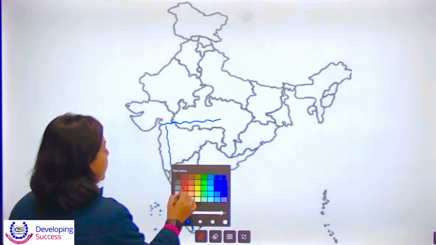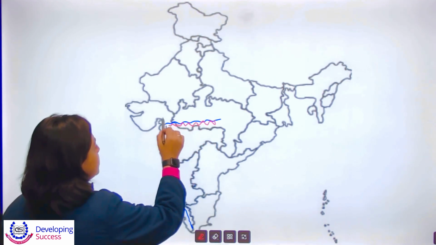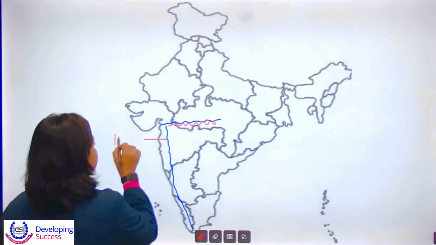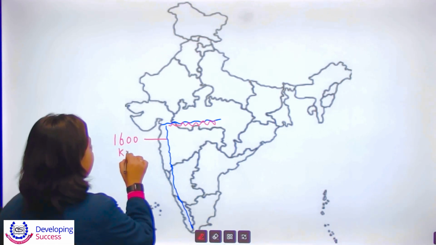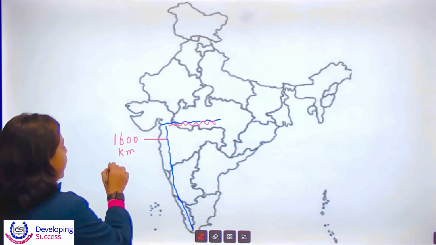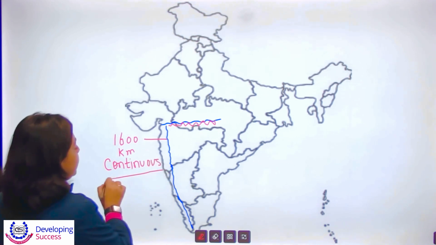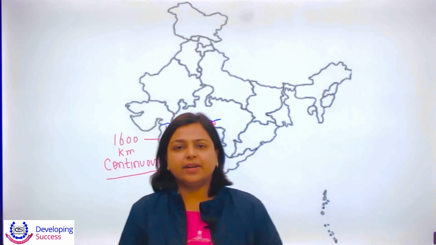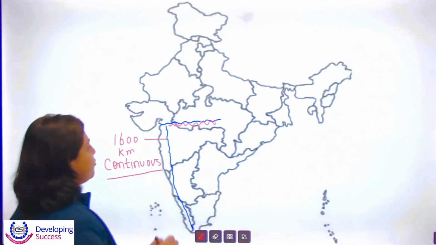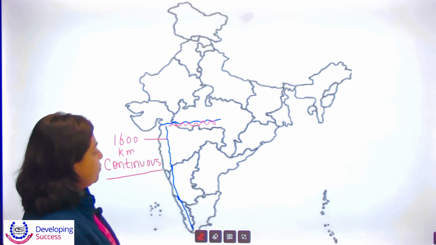So we have the river Tapti flowing along the Satpura Hills. This is the northern boundary of the Western Ghats, and the Western Ghats are around 1600 kilometers long. They are 1600 kilometer long mountain ranges, and they are continuous. Continuous means they have a continuous chain of mountain ranges and they don't have much discontinuity. They are continuous ranges running from Gujarat till Kerala. So this is the location of the Western Ghats.